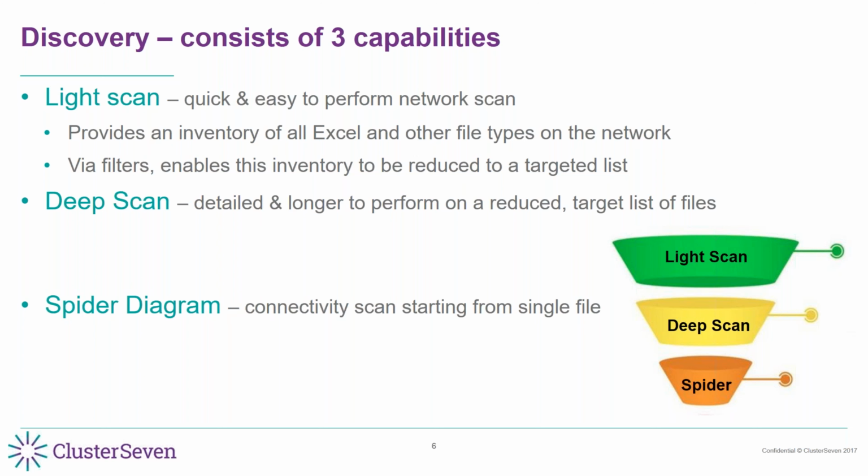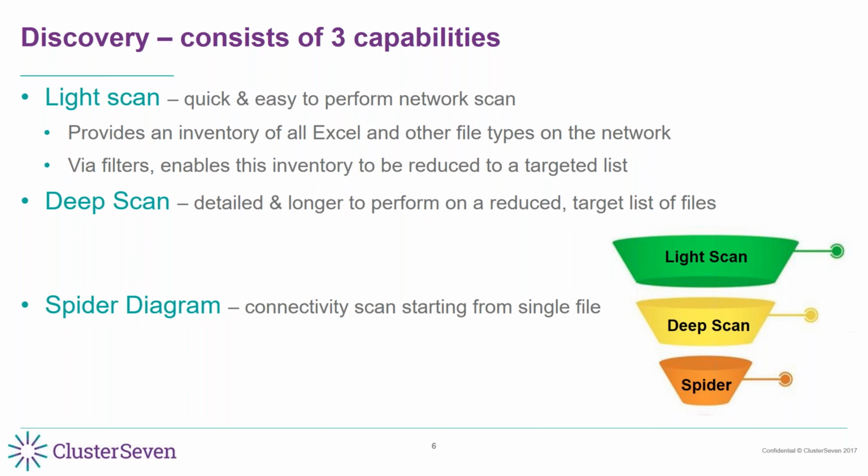It is discovering those files. Via filters, we can look at that inventory and, for example, look at whether we want to find all the files that exist or only those files that have been used in a particular time frame. We can look for file types, really to create a smaller targeted list. And if you look at this funnel on the right-hand side, it's focusing on that.